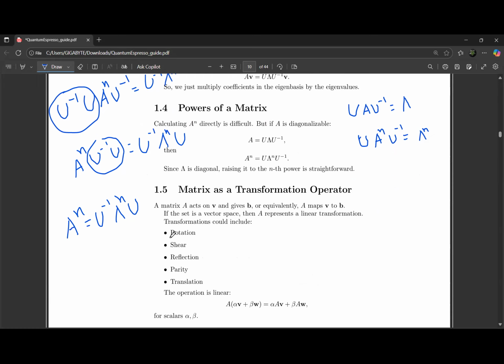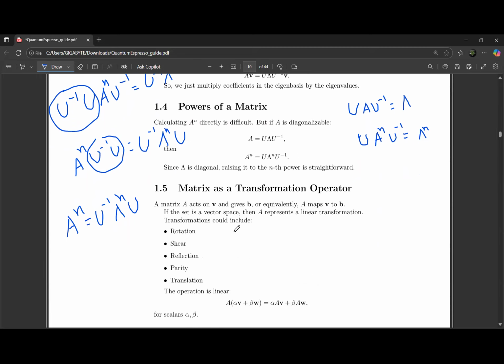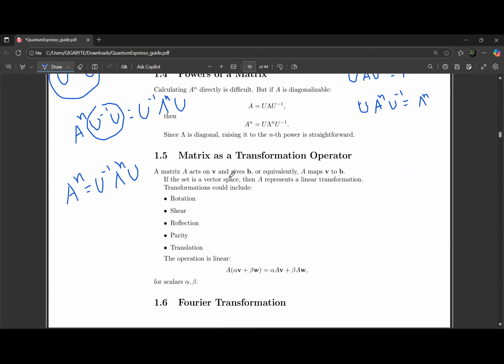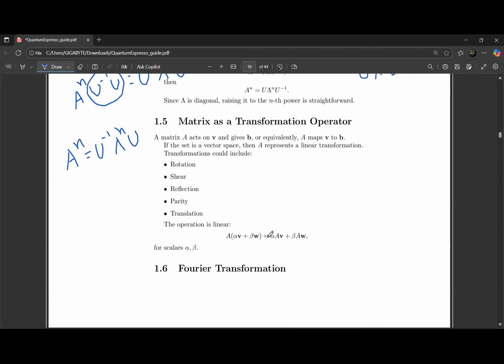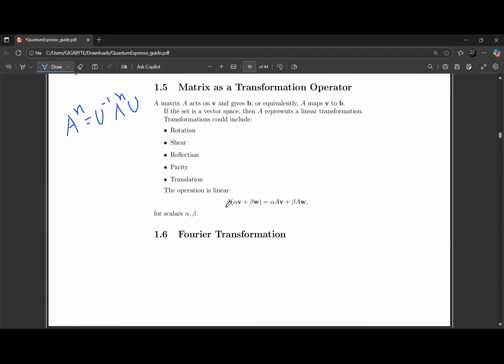And these were some applications of linear algebra. And then again, we can use matrix as transformation operators. Here, the A is a matrix, and let's say the alpha V plus beta W is a transformation operator.